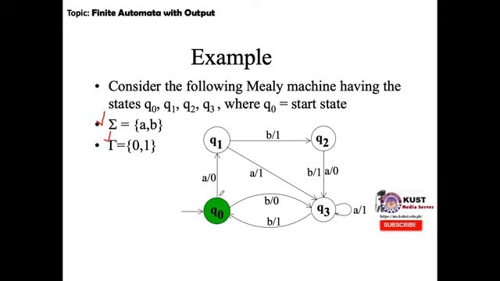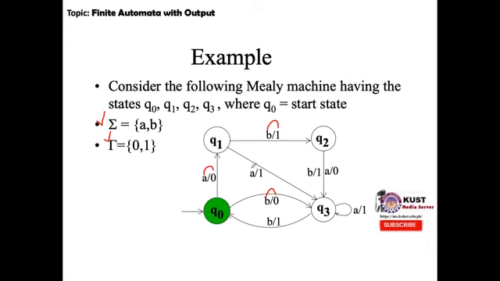On Q0 reading A, we output 0 and we go to Q1. At state Q0 reading B, we print 0 and we go to Q3. At Q1 reading B, we print 1 and we go to Q2.